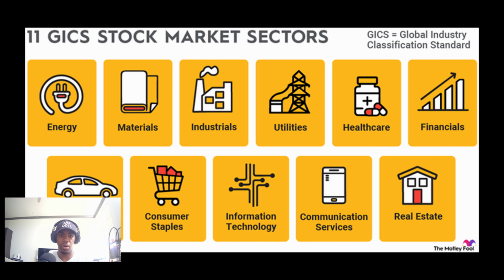Then there's the healthcare sector, which includes companies that provide any medical services to treat patients, as well as produce drugs and medical equipment. This can also include companies that provide preventative care for patients. So you got the Modernas of the world, the Pfizers of the world.